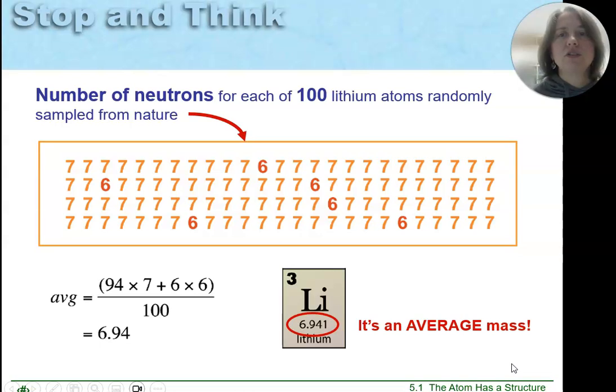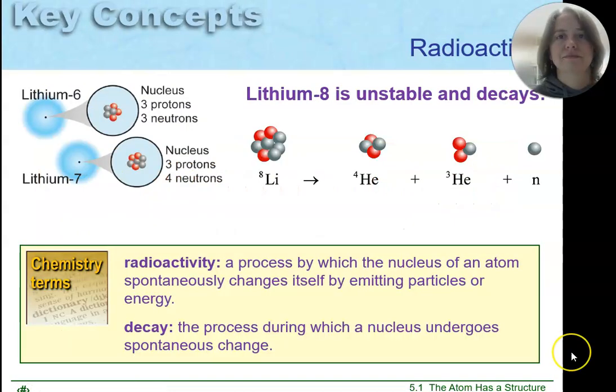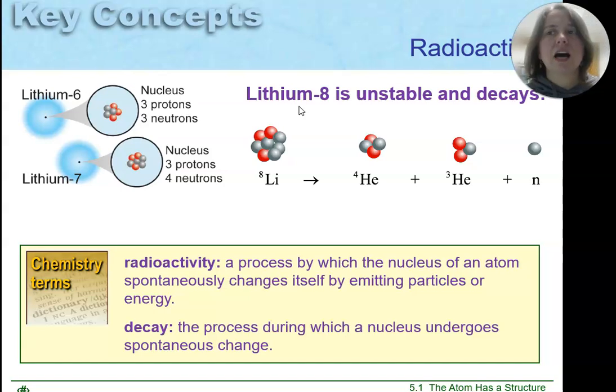Let's say for every 100 lithium atoms, you would have mostly lithium 7, but a smattering of lithium 6. Every once in a while you'll find a lithium 8, but it is unstable and it will radioactively decay, so it doesn't just stay around in the world.